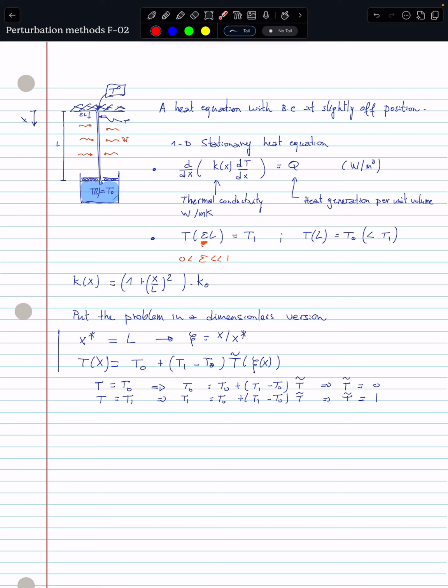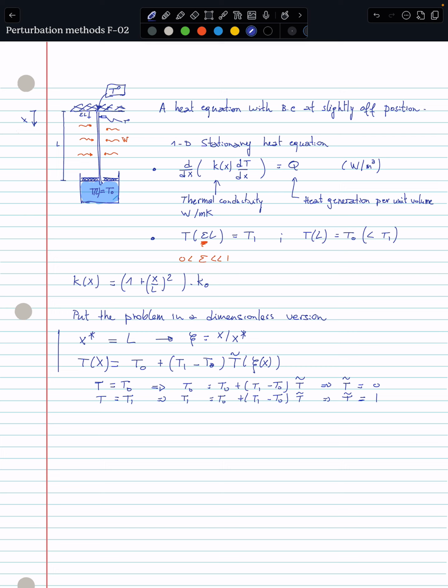So we just follow the standard procedure to write a dimensionless version of a problem. And then once this is done, we need to bring this back to the original equation. So let's see what this gives.